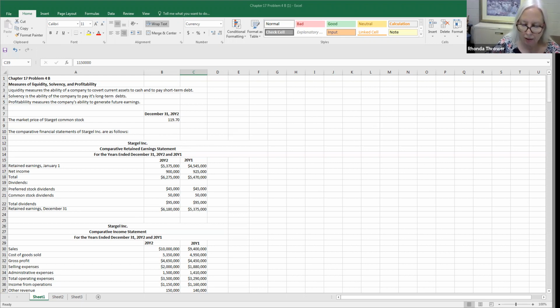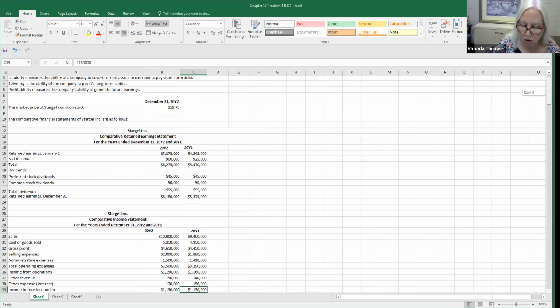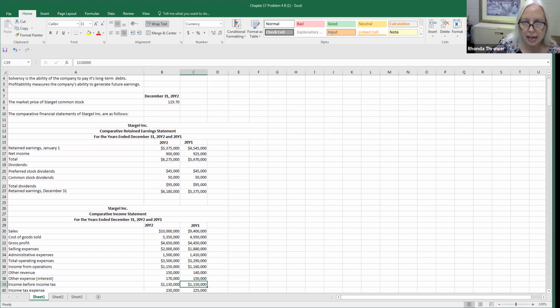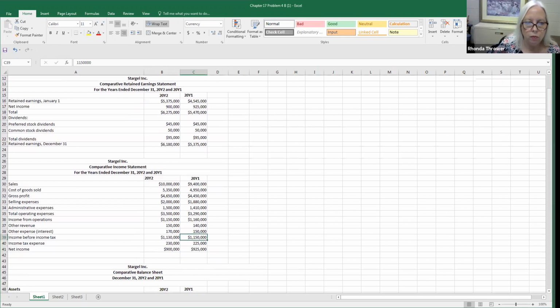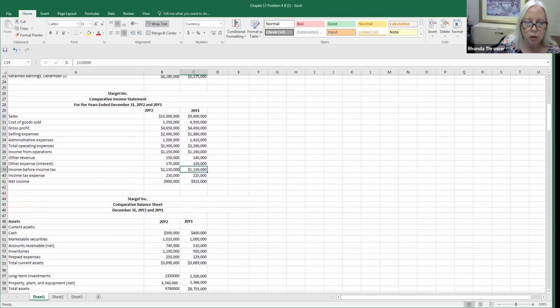ratios. And there are 3 solvency ratios that we're going to be looking at. The first one is what we call the ratio of fixed assets to long-term liabilities.